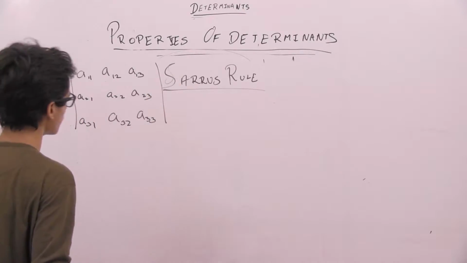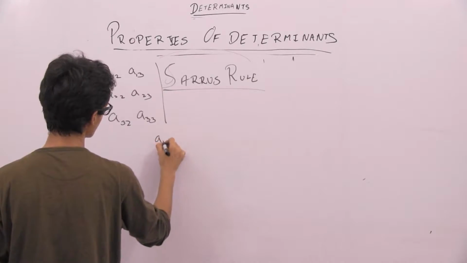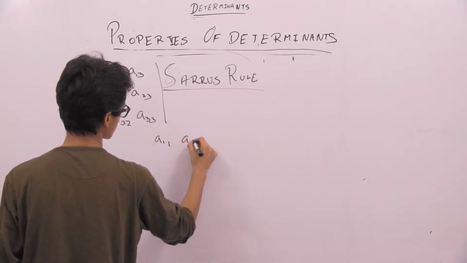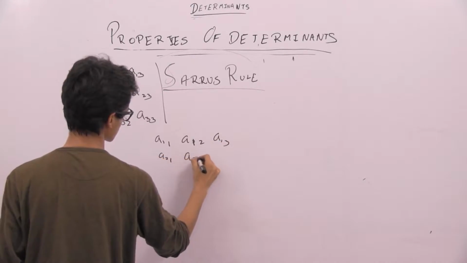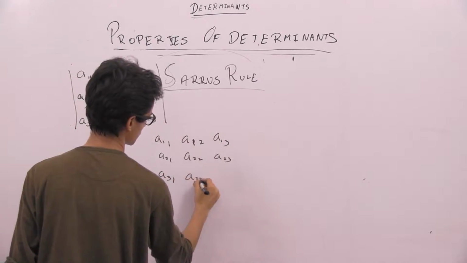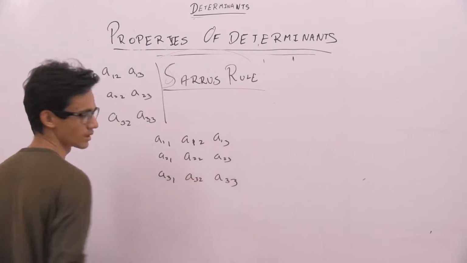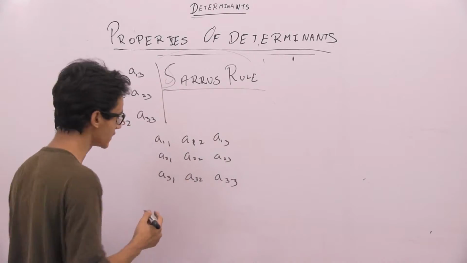Now the shortcut of solving this determinant is, first write all the elements as it is. Now after the third row, again write the first and second rows.